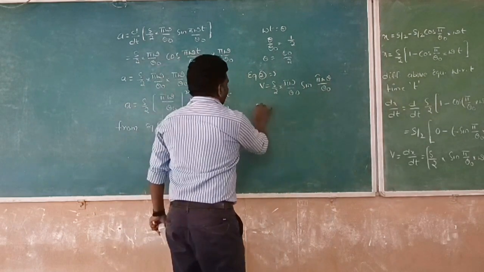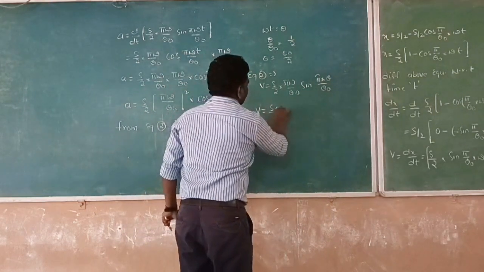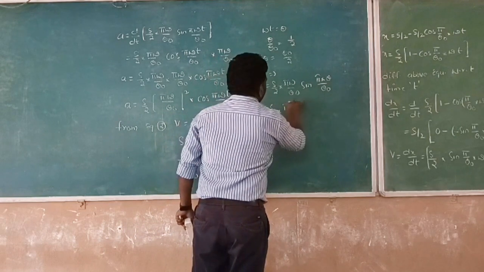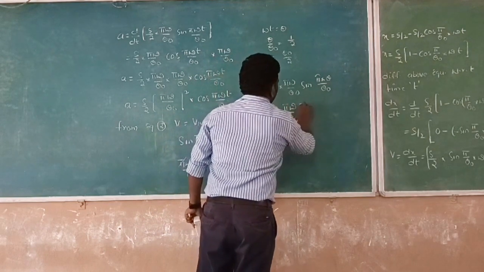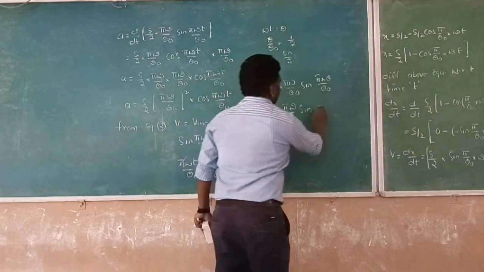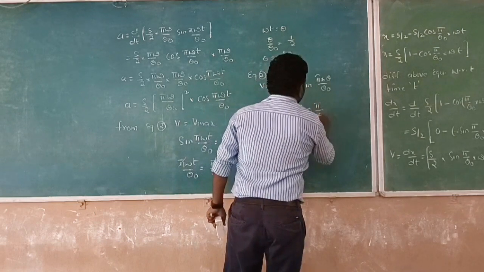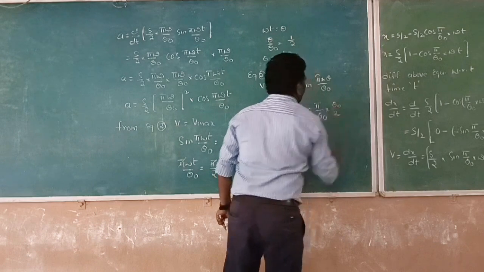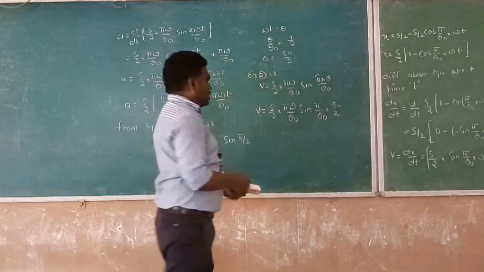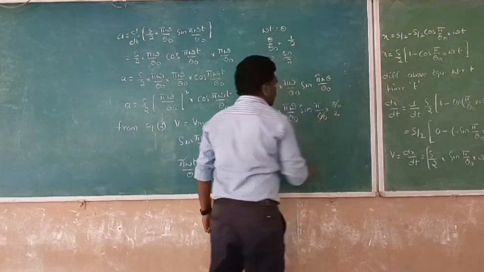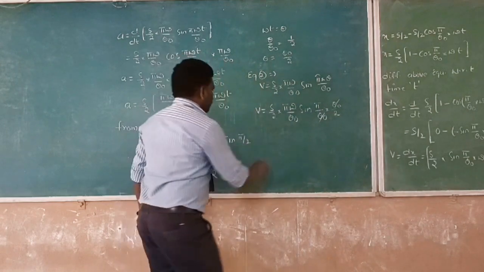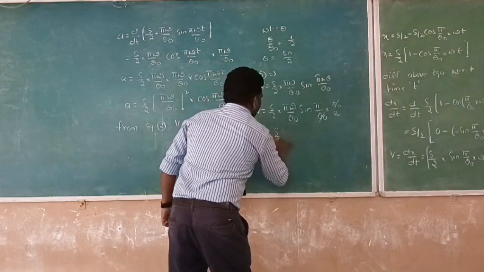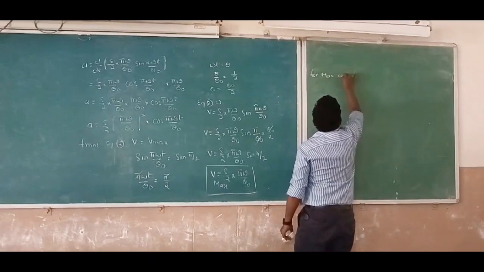So v is equal to (s/2)(πω/θ₀) sin((π/θ₀)(θ₀/2)). So θ₀ by θ₀ will cancel. So v is equal to (s/2) times the maximum acceleration.